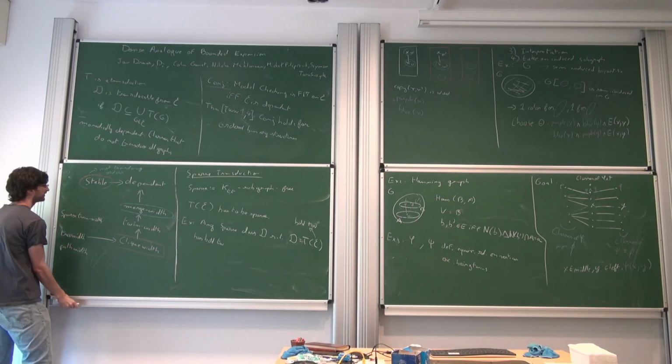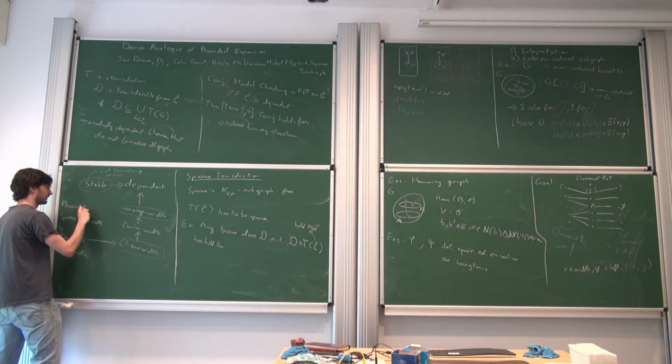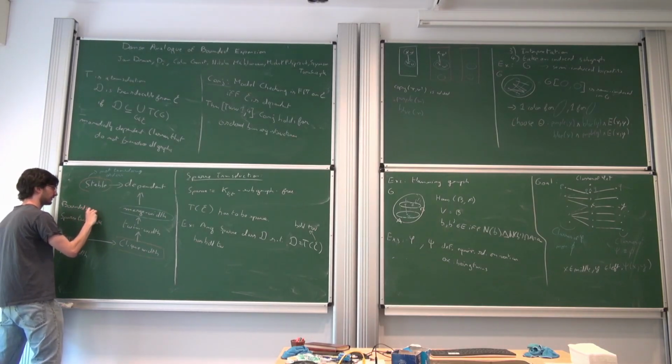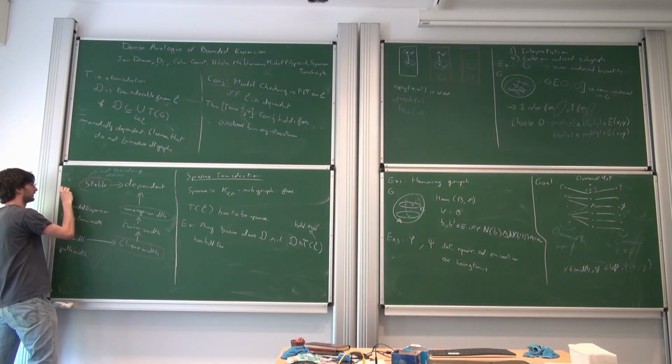And finally, two classes, bounded expansion and nowhere dense.